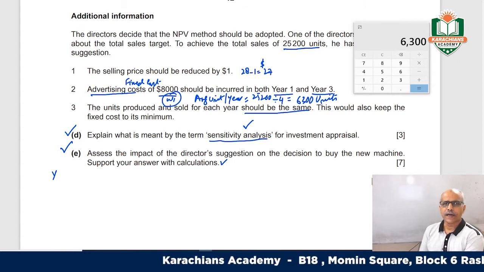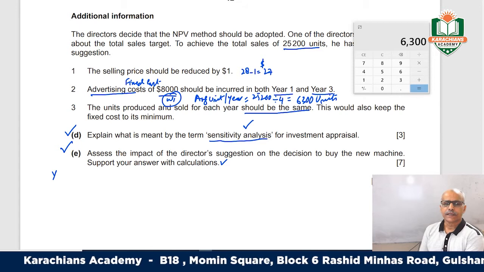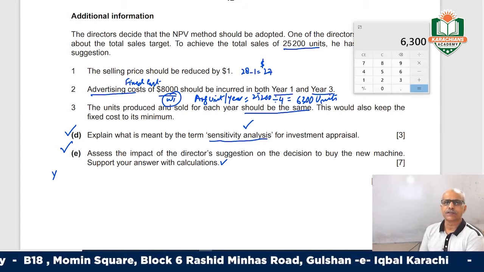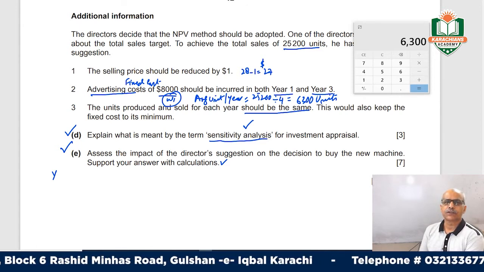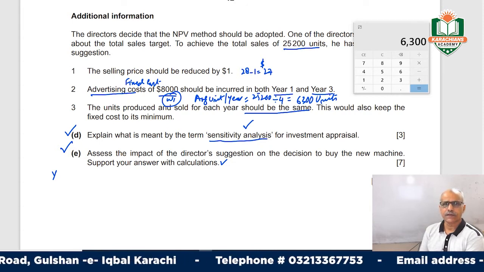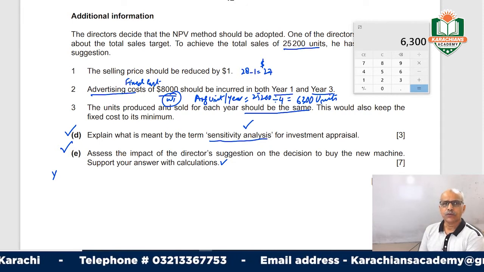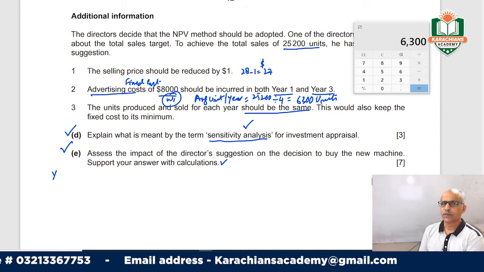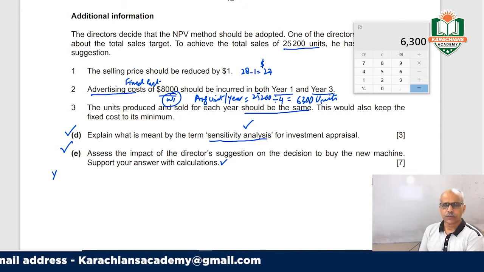Now what they are asking is, if the situation changes, what will be the financial situation, the financial forecasting, and will you go with this machine, what would your financials be?